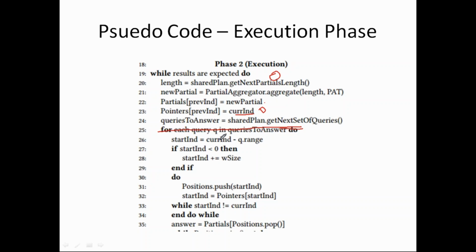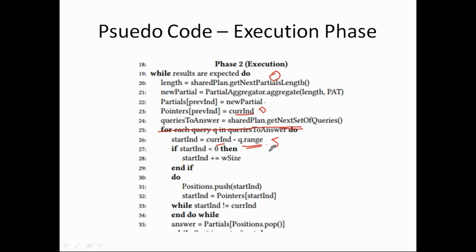Now see this. Starting index equals current index minus range of the query, or the window size. What is the range of the query? 5. What is the current index? It was 0. So what is start index now? It's -5.